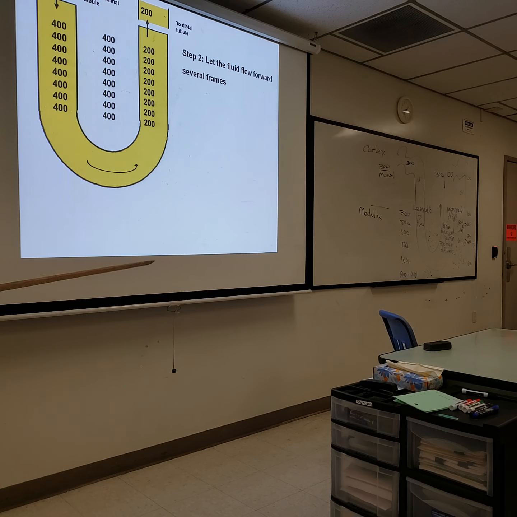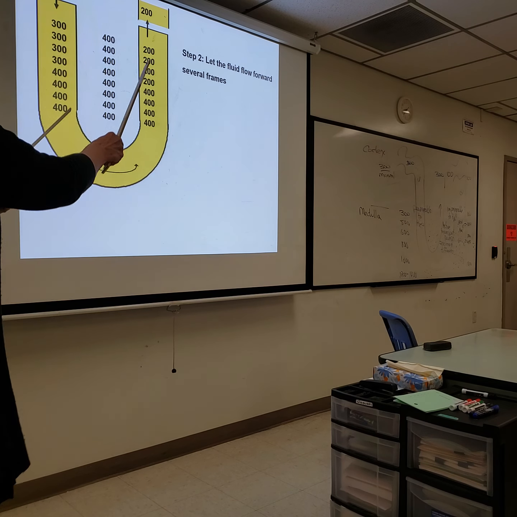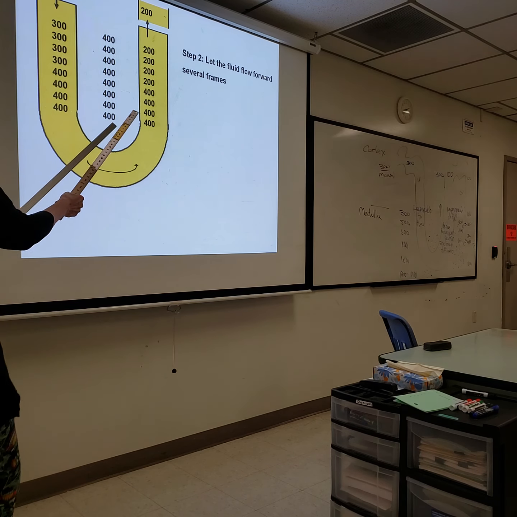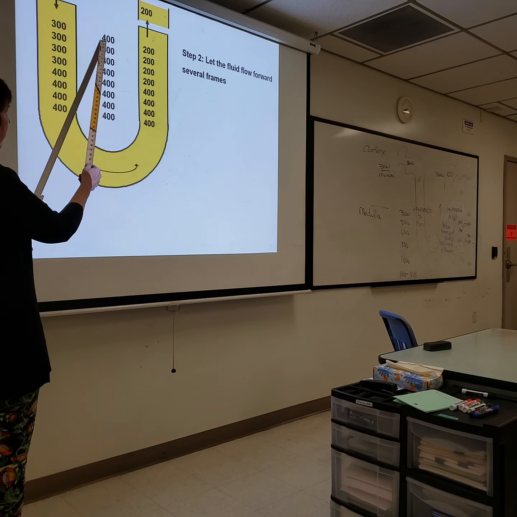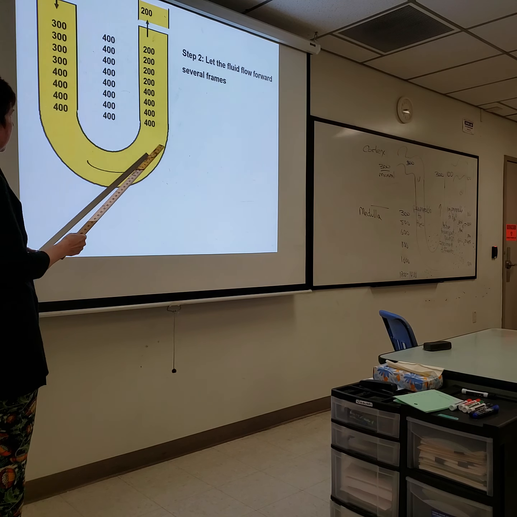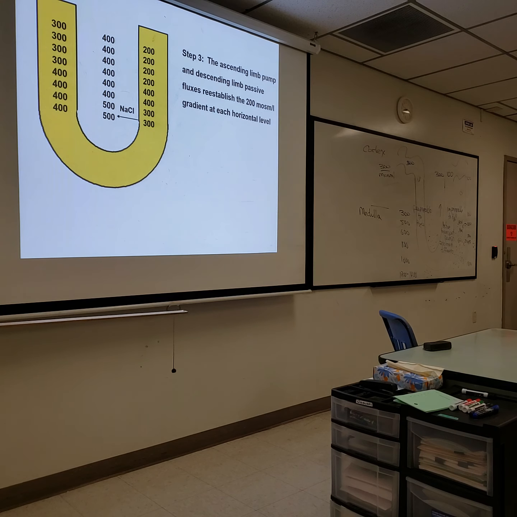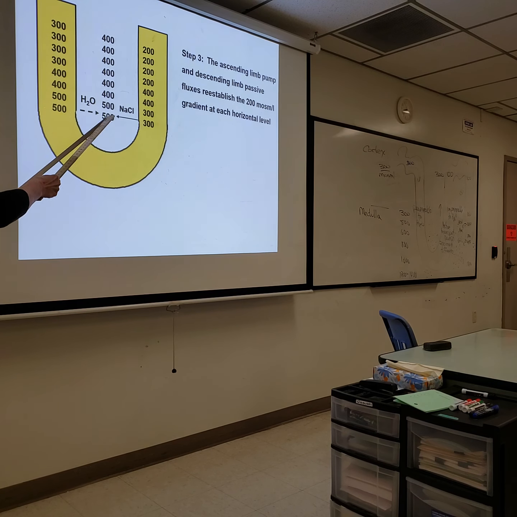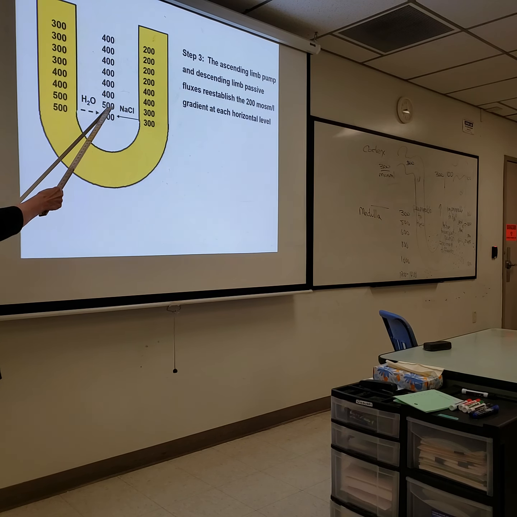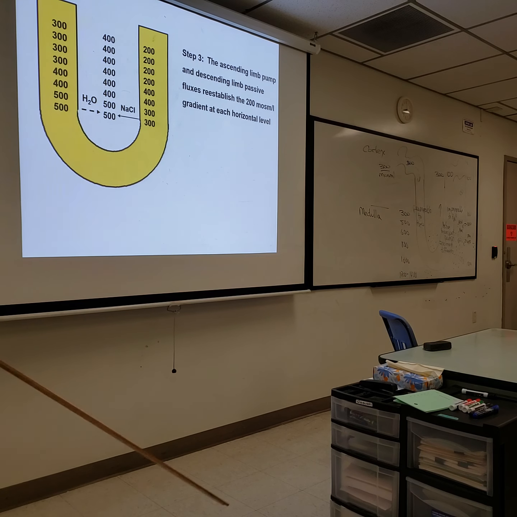All right, so we're going to put some through. And now we're starting to see a gradient here, but this is still 400. So we turn on our pump again. Difference of 200 milliosmoles. Notice how this equilibrates to that because water is being pulled out by the higher particle concentration.